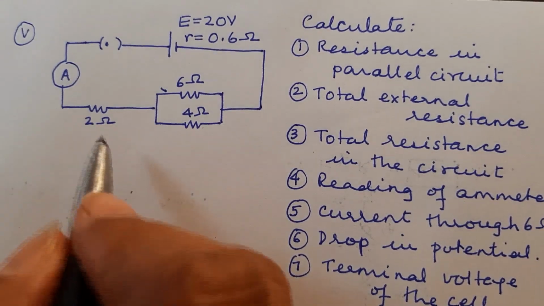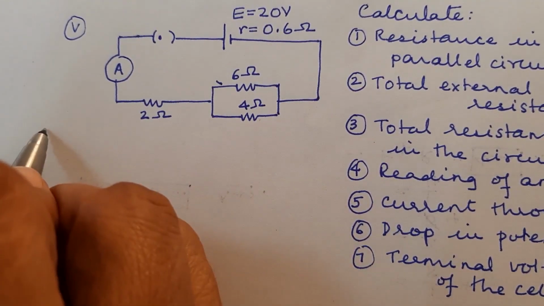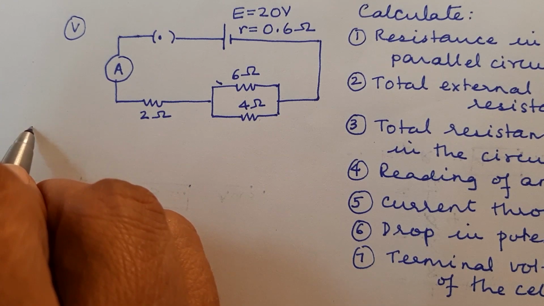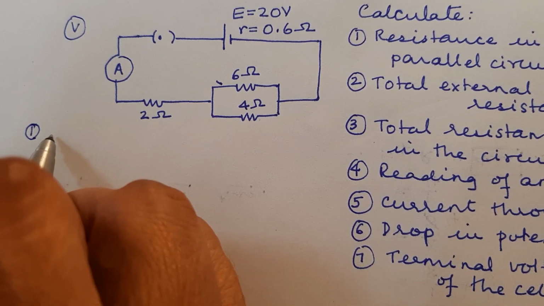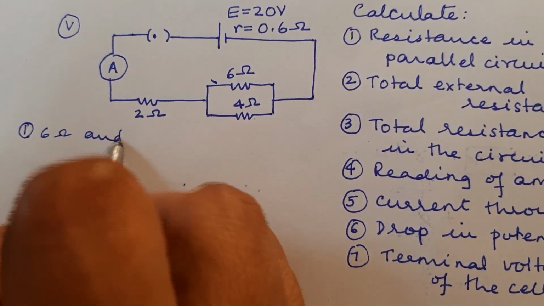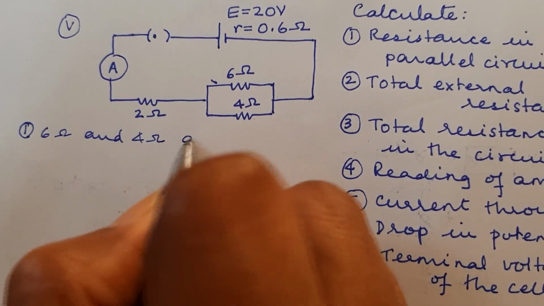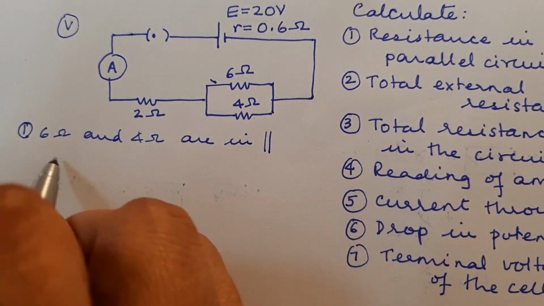So let us start with our answering. The first part. Six ohm and 4 ohm are in parallel. I'll just write like so.